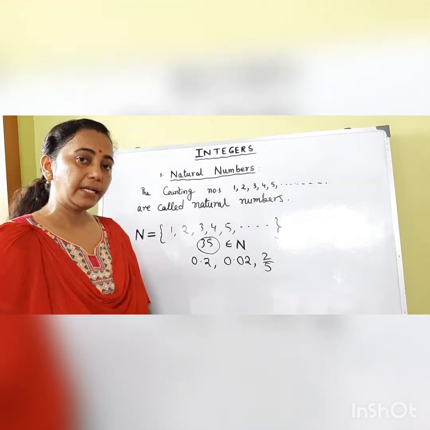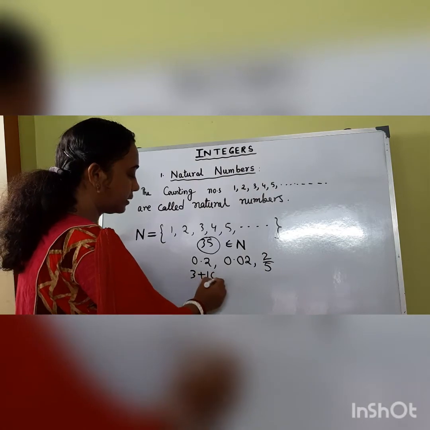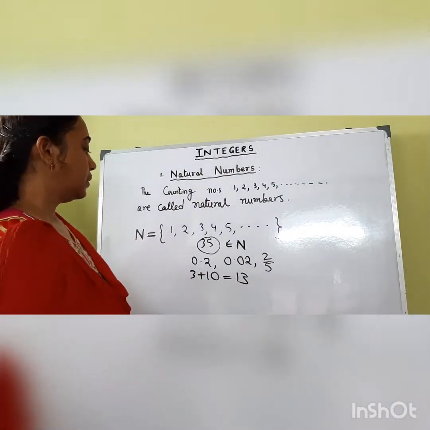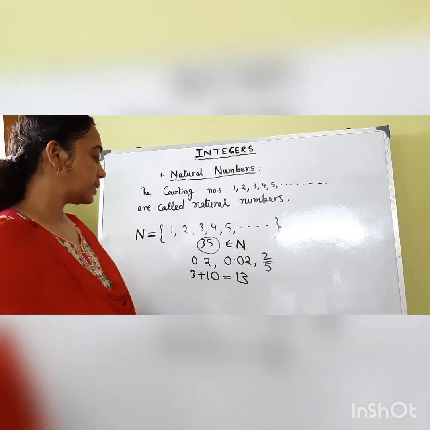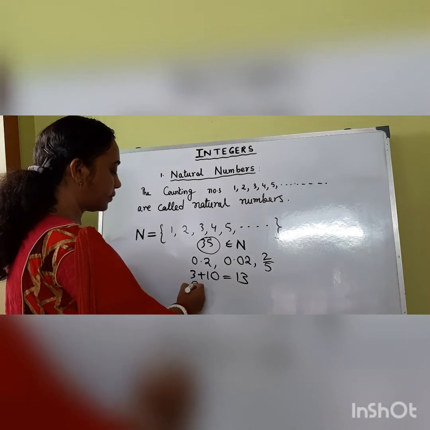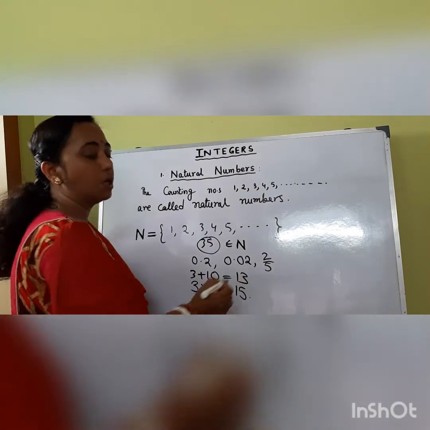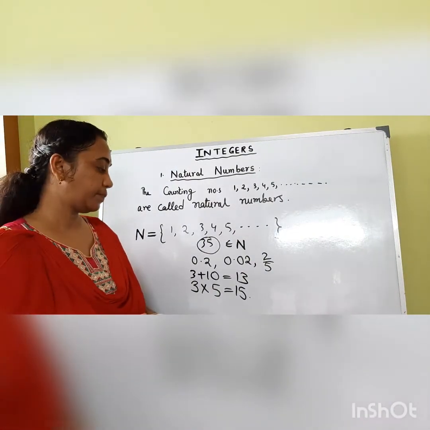Now if we add any two natural numbers, for example 3 plus 10, it will give 13, which is again a natural number. So the sum of any two natural numbers is always a natural number. Similarly, if you multiply any two natural numbers, for example 3 multiplied by 5, we get 15. So the product of any two natural numbers is always a natural number.